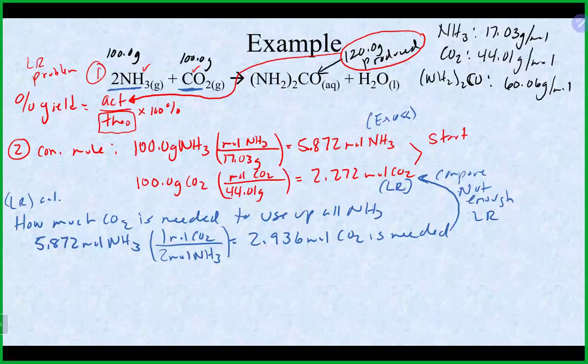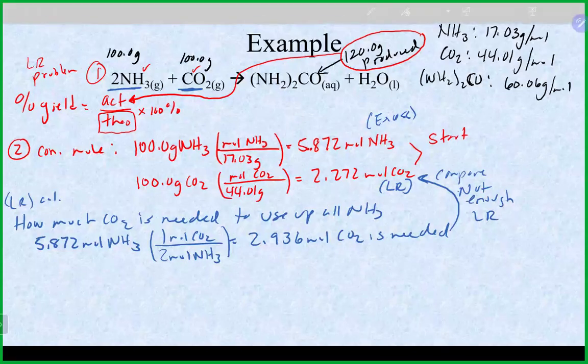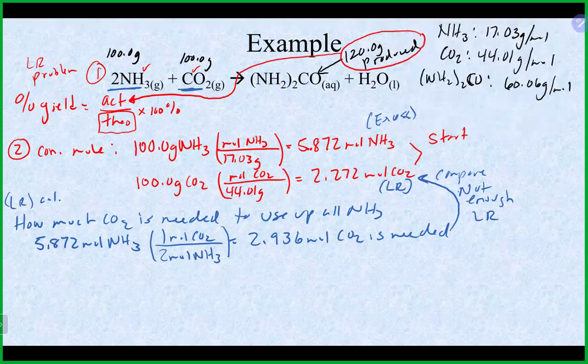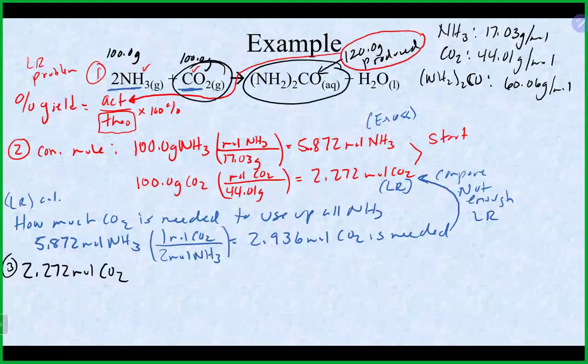Once we've determined that, obviously, in this case, the CO2 is our limiting reagent, we will use that to figure out how much product we produce. So taking our 2.272 moles of CO2, which is our limiting reagent, we could now go from our limiting reagent to our product, which is a 1-to-1 relationship in the equation.